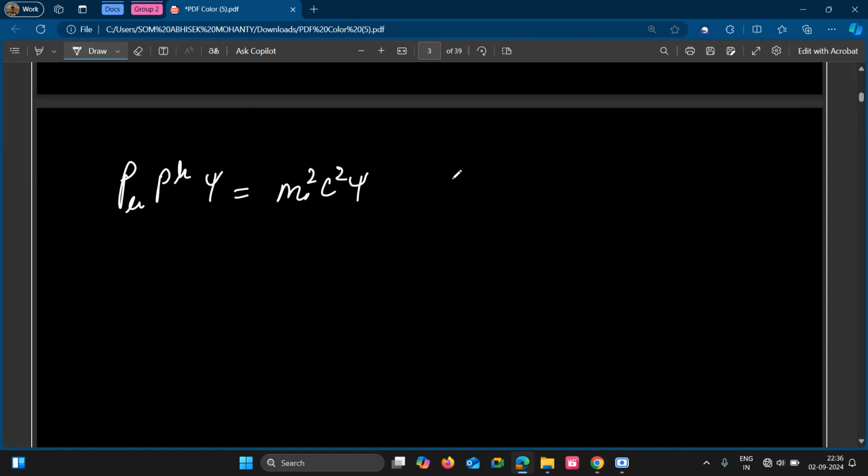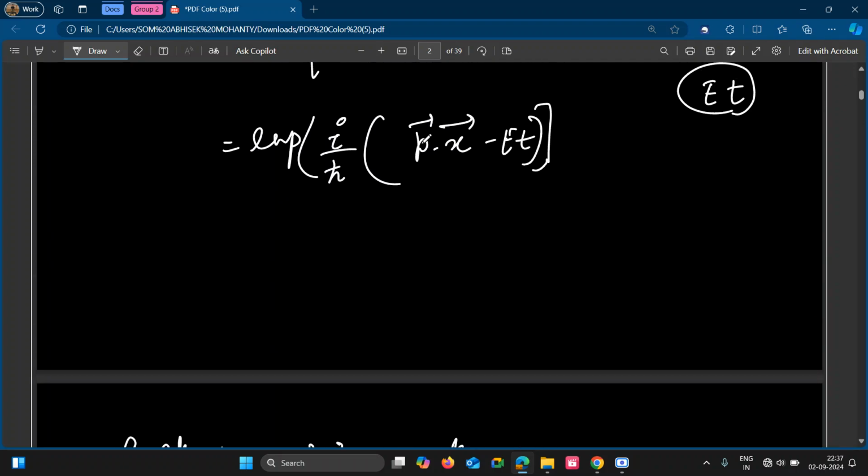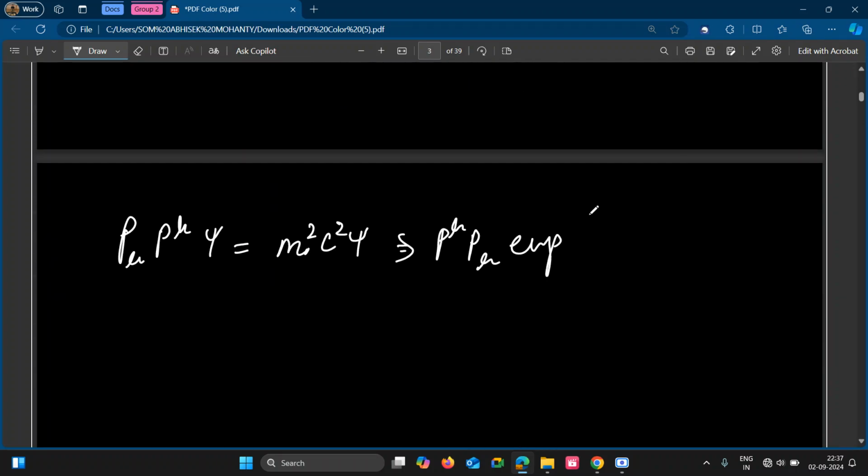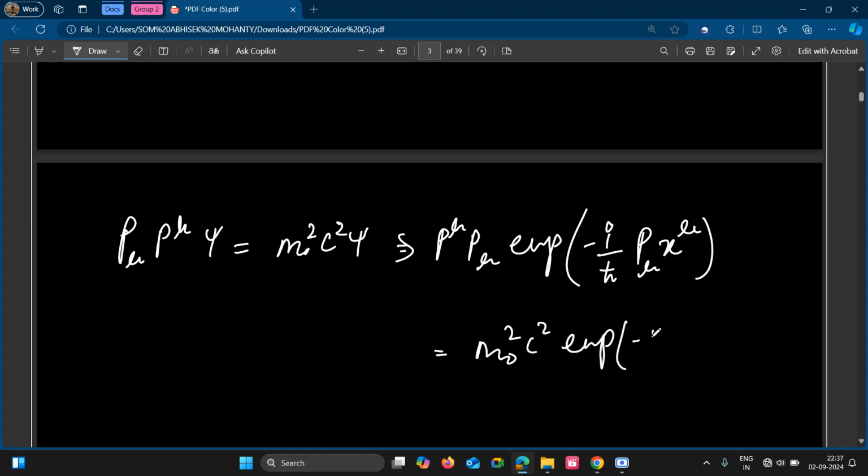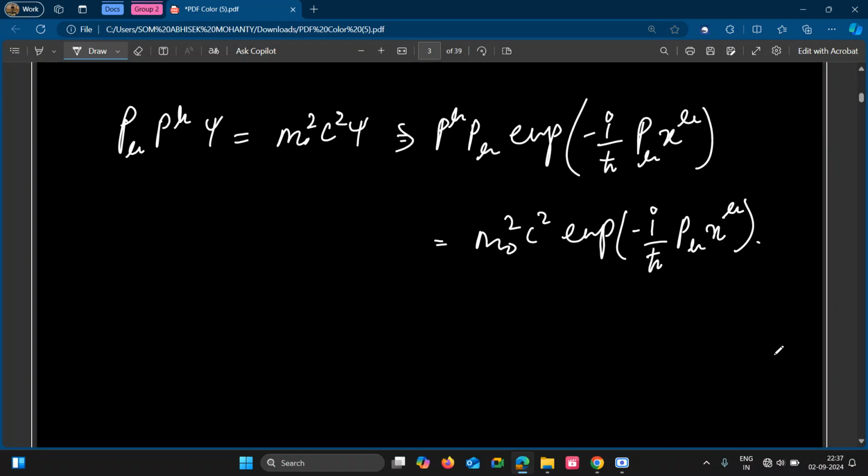So that gives me p mu p mu exponential minus i by h cut p mu x mu, which is equal to m naught square c square psi, the exponential minus i by h cut p mu x mu, on both sides.